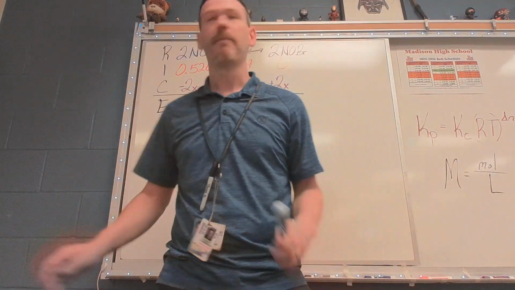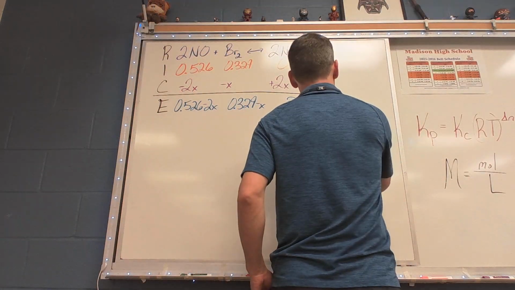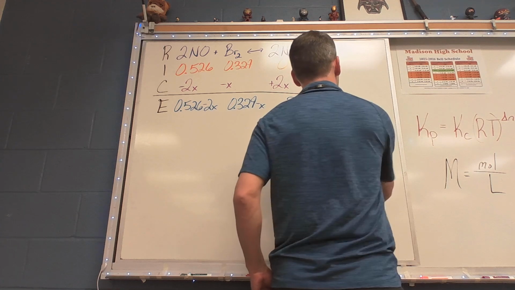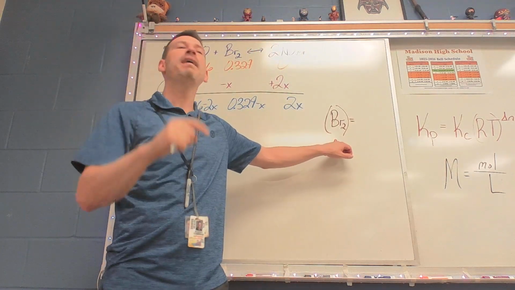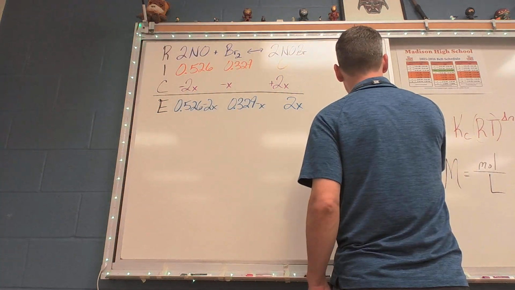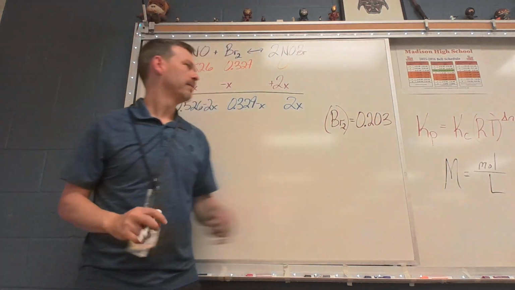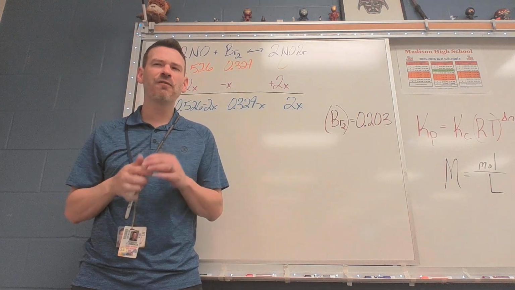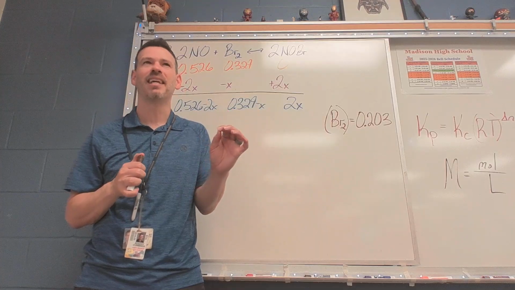And look what it says. It says that the bromine pressure is 0.203. Now, this feels like the sprinkle last time, but here's why it's different.